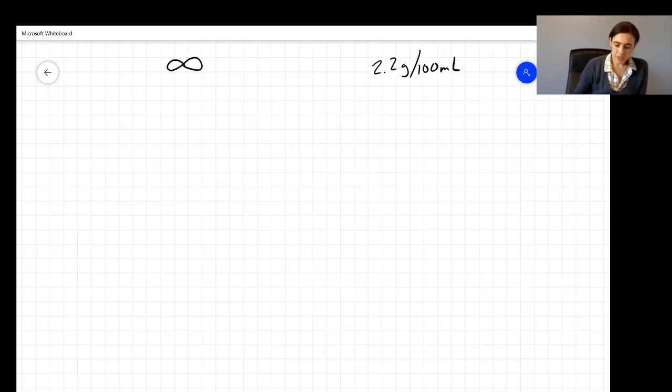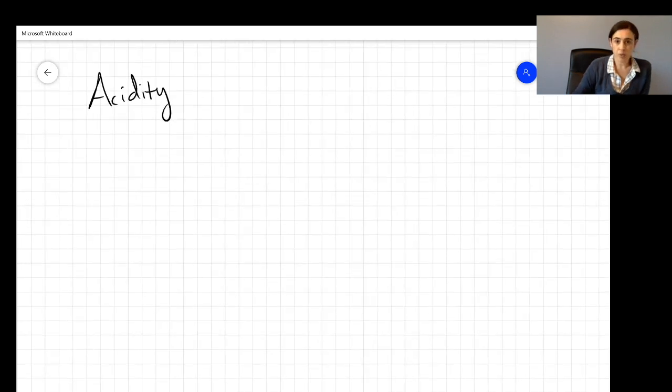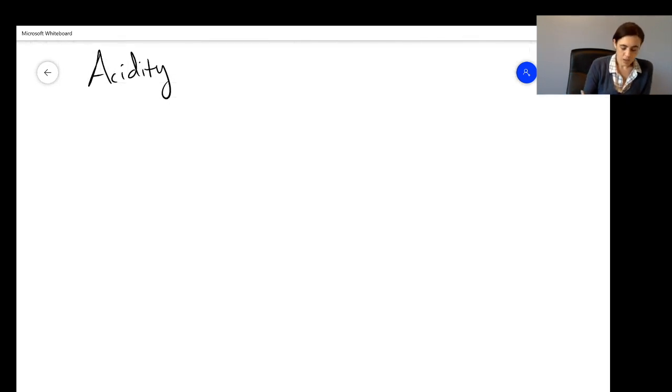All right, so the next thing we're going to talk about in relation to alcohols is their acidity. So hopefully you've already watched the videos on pKa's. Alcohols have a moderately acidic hydrogen. So the pKa of an alcohol is between like 15 and 20.